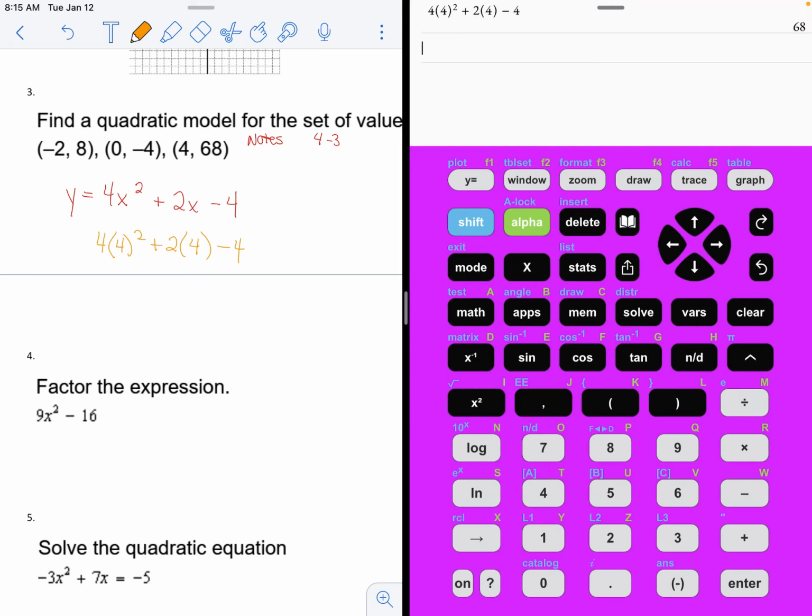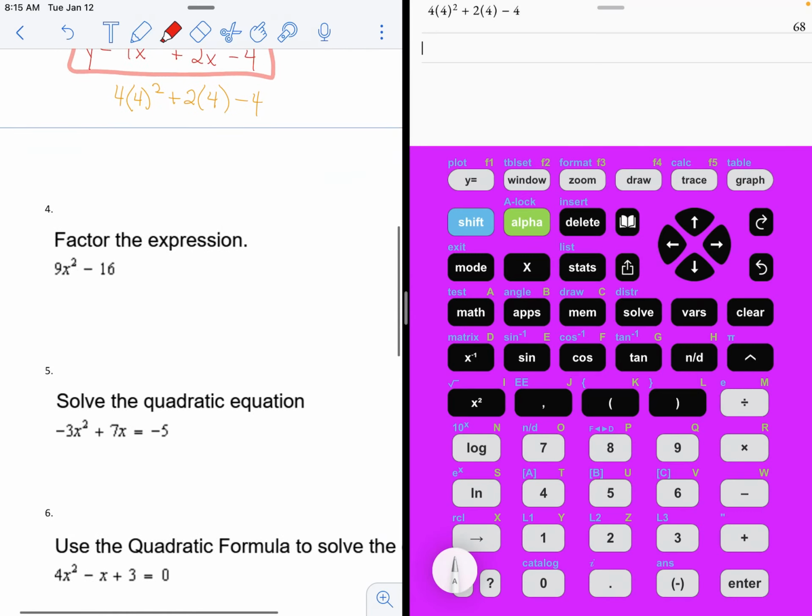And there it is. And you can check the other numbers. In my mind, I just checked 0, -4. So there is the equation. Looks like that was a pretty good website. I'll go ahead and fix that hyperlink on your end.